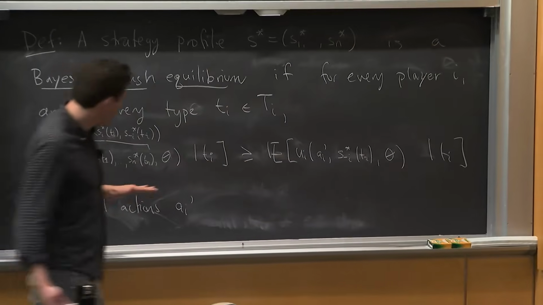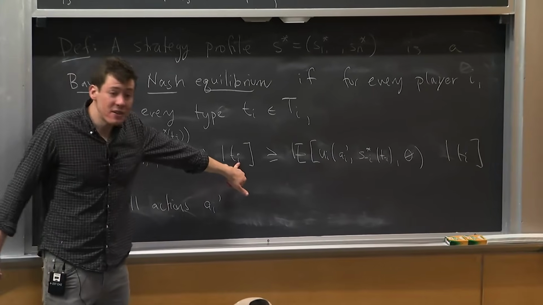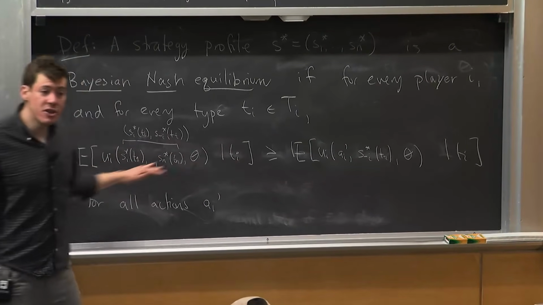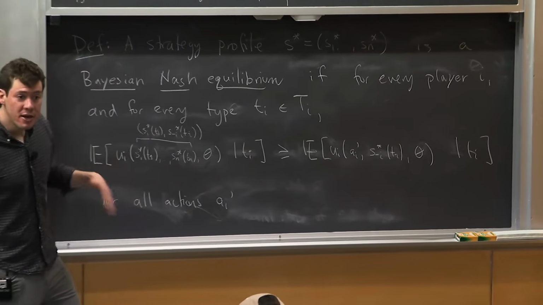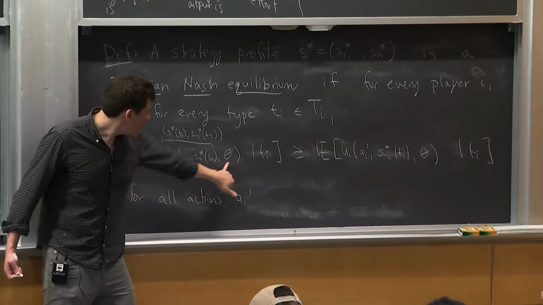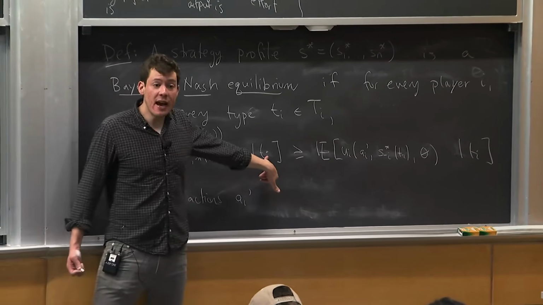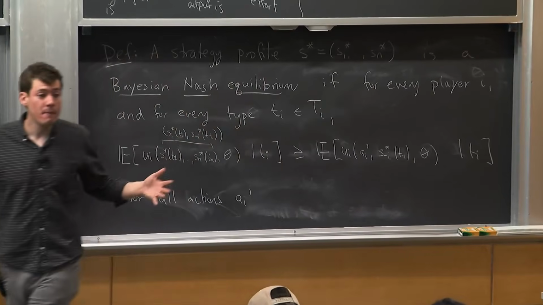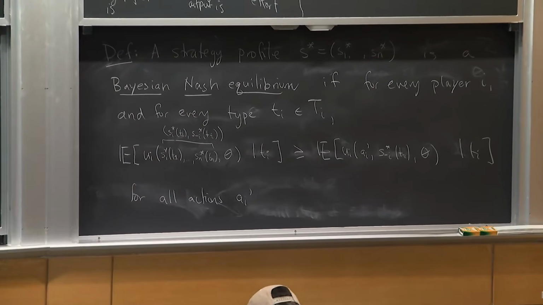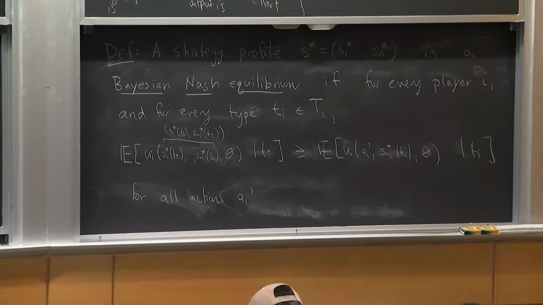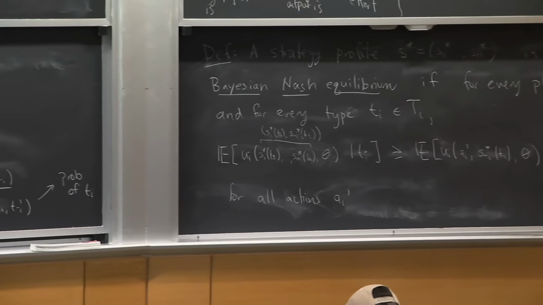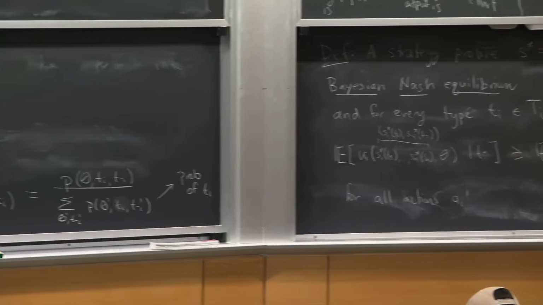So if we put in a different ti here, this conditional expectation would change, because the belief about theta and about everyone else's mental states could be different if this were ti prime. So each ti, like ti and ti prime, leads to different vectors of probabilities for other people's mental states as well as theta.